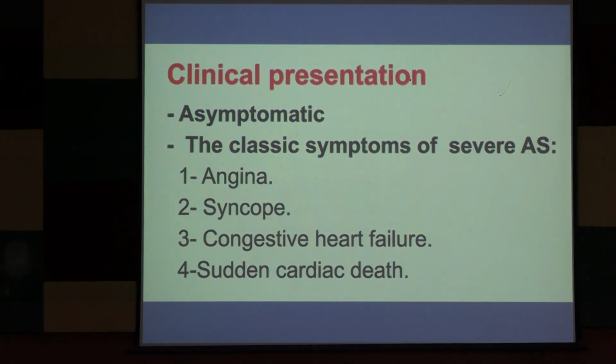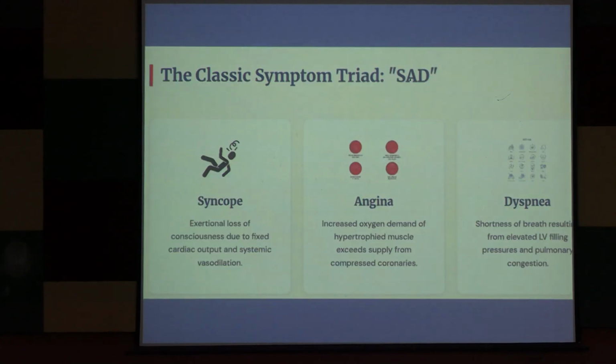In addition to that, there may be evidence of arrhythmias, evidence of complications in the form of congestive heart failure, or on rare instances, evidence of sudden cardiac death. Classic symptoms, that is SAD: syncope, angina pectoris, and dyspnea on exertion.